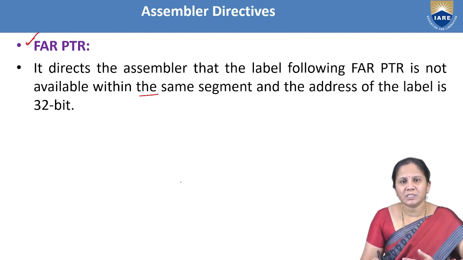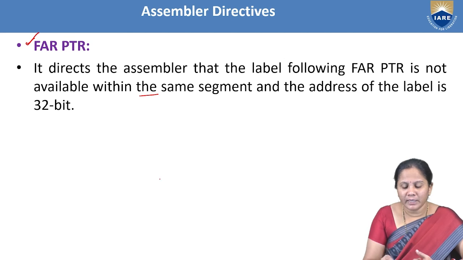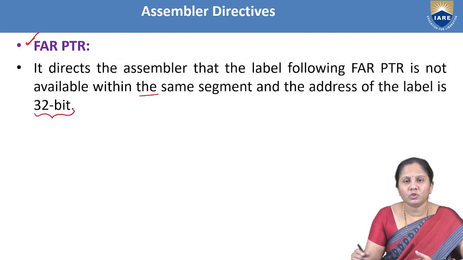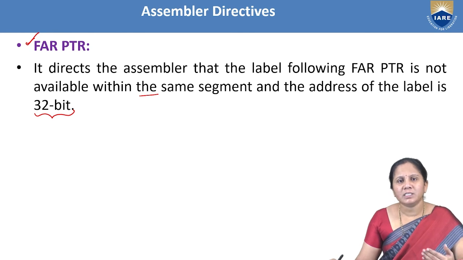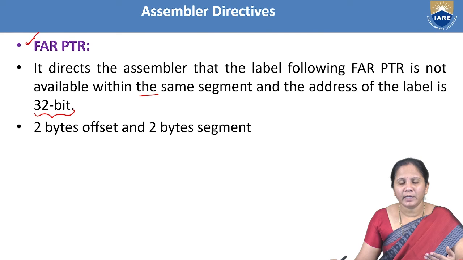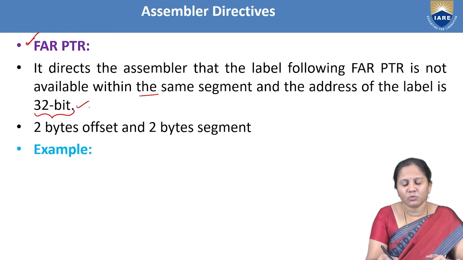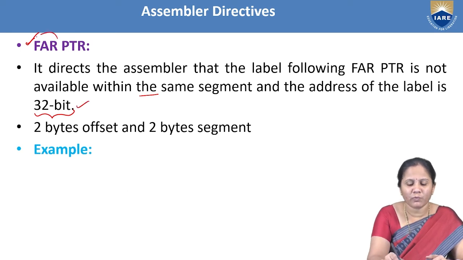Since it is present outside the segment, it requires a 32-bit address: 16 bits for the segment address and 16 bits for the offset address. That is why a 32-bit address is required, because it is far.